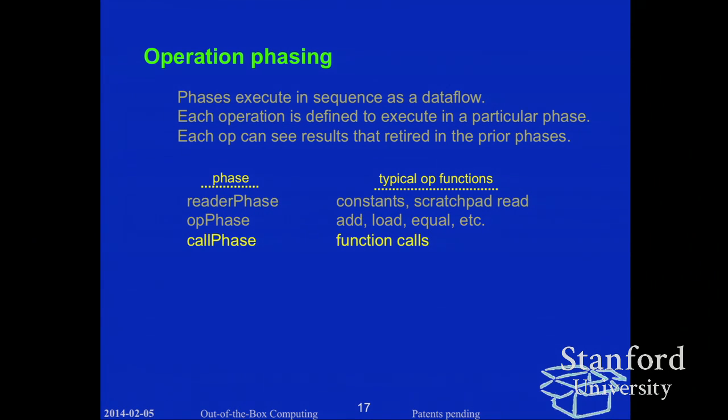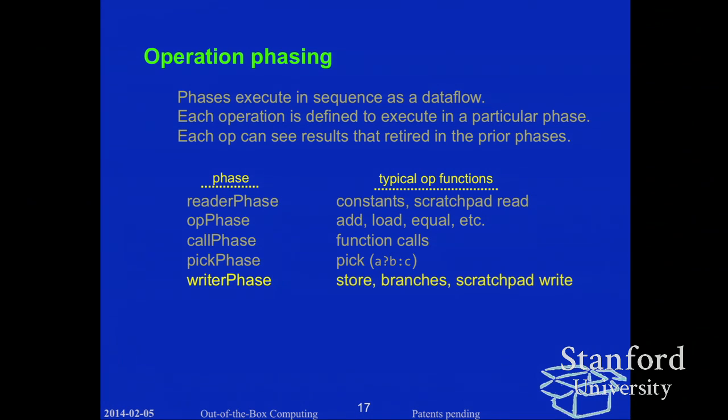Call phase, function calls. Pick is the equivalent to the question mark colon operator in C. It selects one of two based on the selector value, and has a phase all of its own. And writer phase are those things which are pure sinks and which accept inputs but have no output, in particular stores, branches, and things like that. So those are your basic phases.